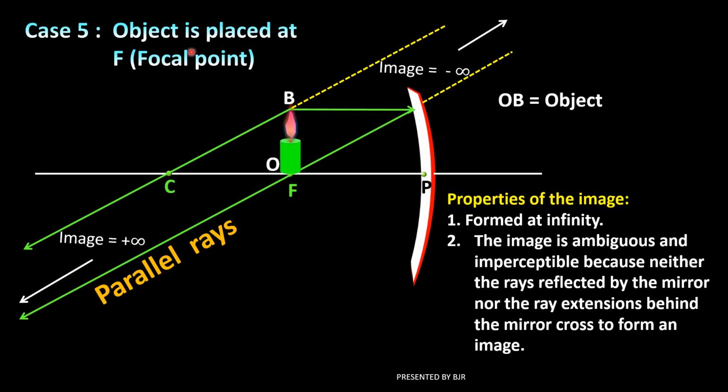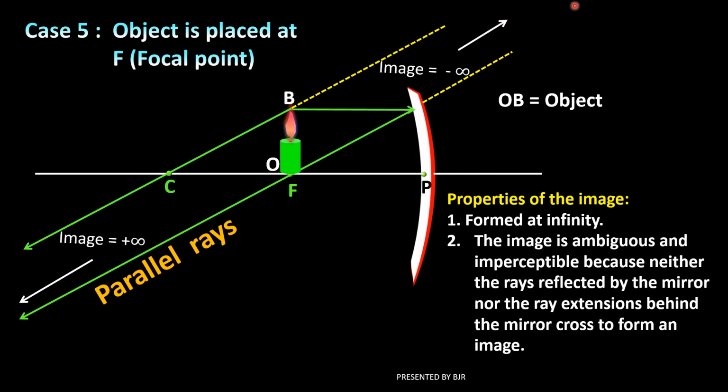When the object is placed at the focal point, the image may be formed on the same side of the object at infinity, or may be formed on the other side of the object behind the mirror at infinity.